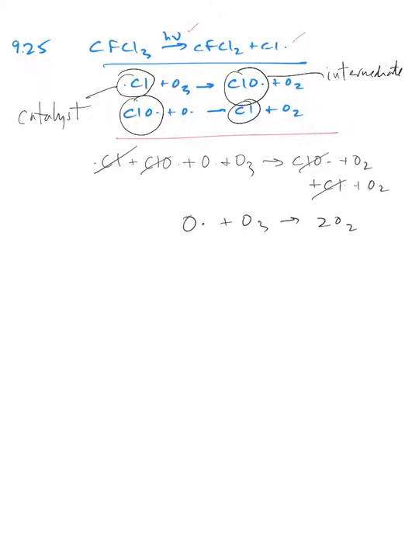Let's see, another question. Why is the fluorine radical not important in this mechanism? A fluorine radical would involve the CFC getting hit by ultraviolet light and producing this species.